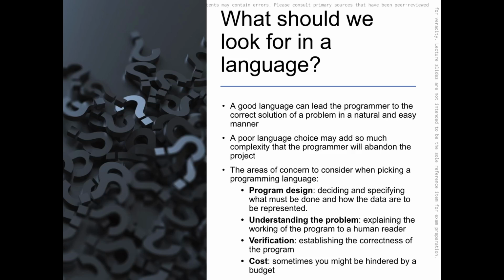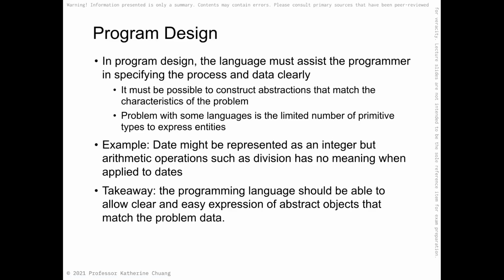So that's like a verification type of concern to think about. And then finally, the cost. Sometimes you might be limited with your budget, so maybe you want to use open source as an example instead of proprietary software.